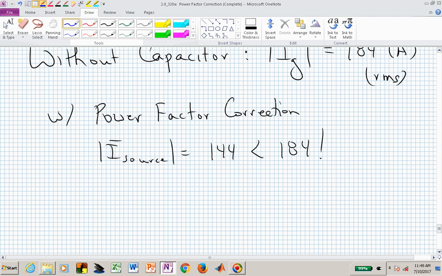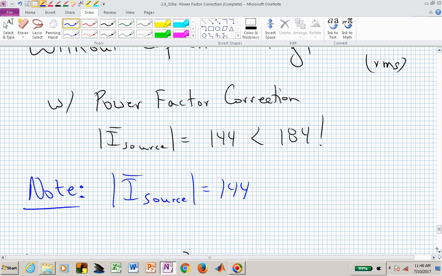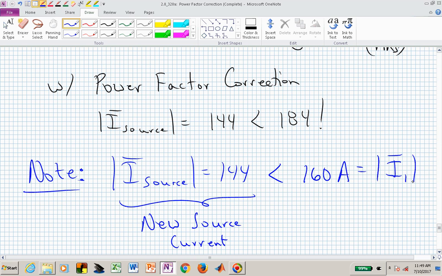So now we're requesting less current from the source, but we can also see that the source current magnitude of 144, so this is the power factor corrected source, is actually less than 160 amps, which was the current that was required by load number 1.